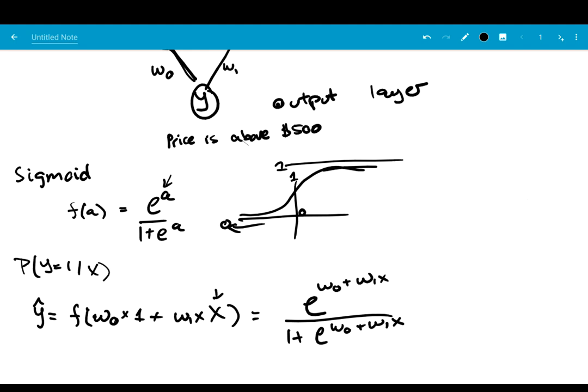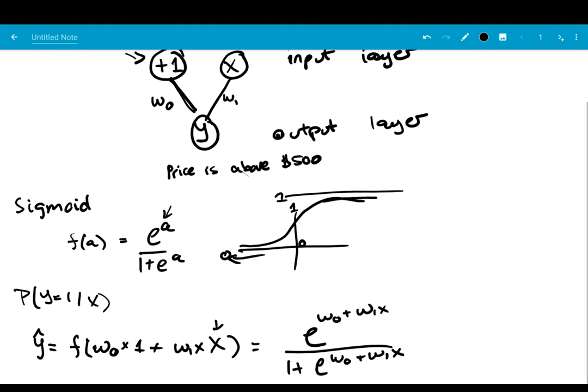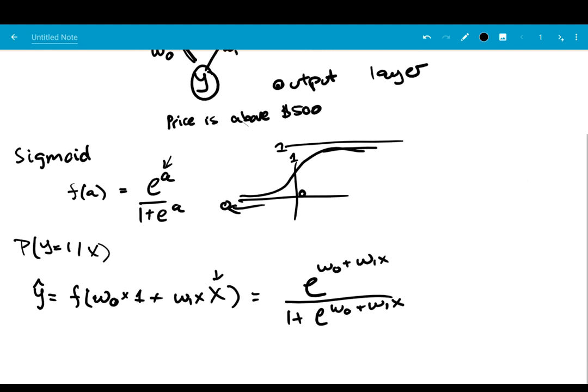Now at this point, it's still not logistic regression, because remember, there's one other thing we have to specify, which is the loss function. It turns out if you use a loss function called cross entropy, that is equivalent to maximizing the likelihood associated with Bernoulli outcomes, which then is exactly logistic regression.